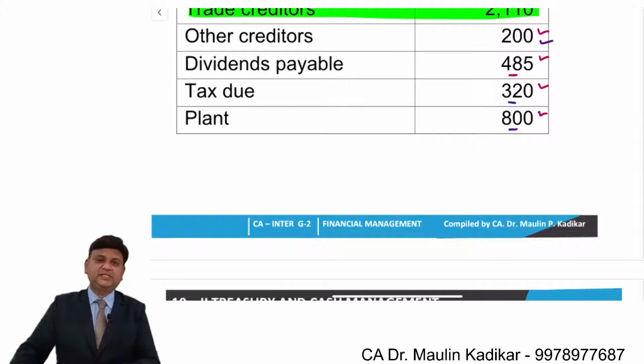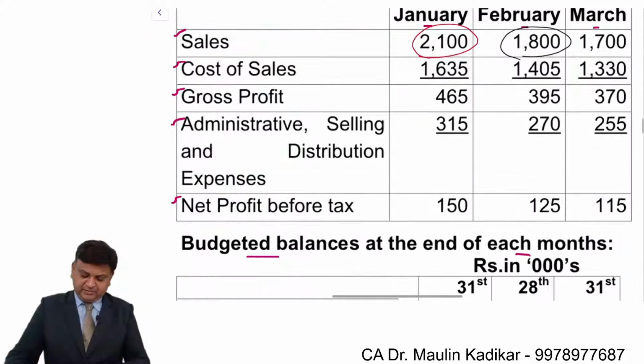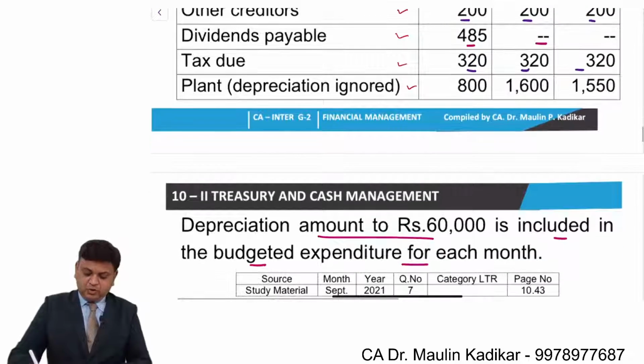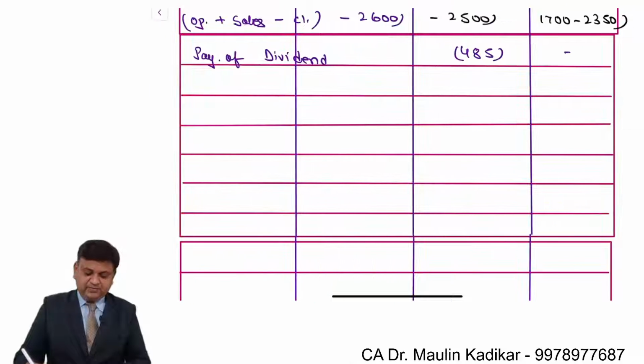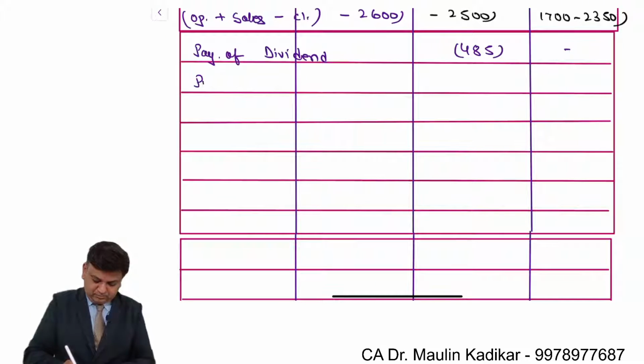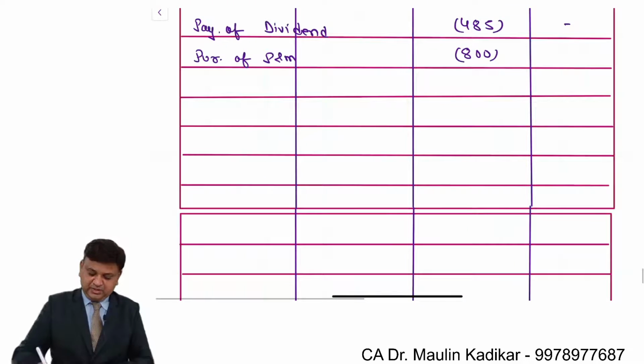Plant, it is an amount of 8 lakhs at the beginning of the period. Closing of January is again 8 lakh, means there is no transaction. Closing of February is 16 lakh. It means that there is a purchase of plant. So purchase of plant and machinery, it is an amount of 800 in the month of February.